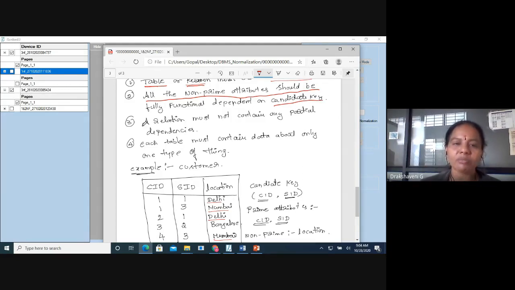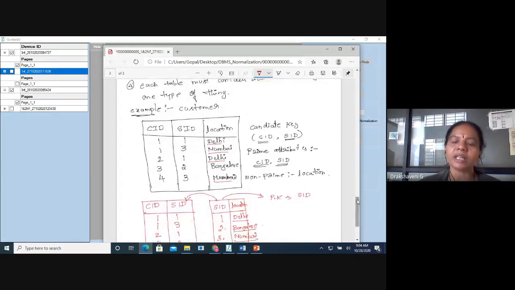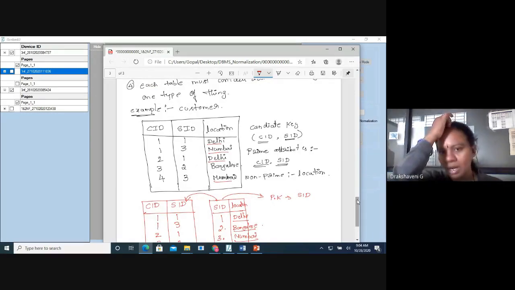One more, a relation must not contain any partial dependencies. Then each table must contain data about one type of thing. If you are writing anything, it should address only one particular thing. We cannot mix student and course.